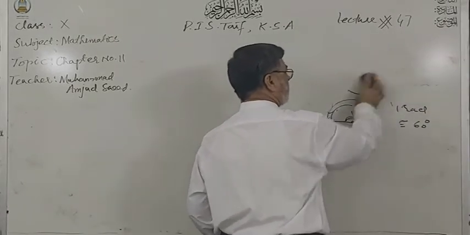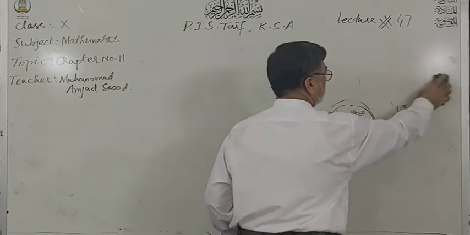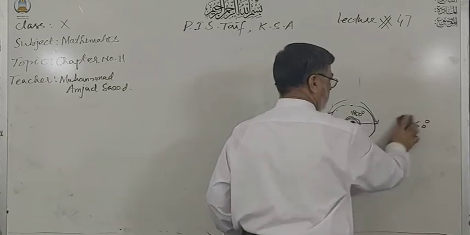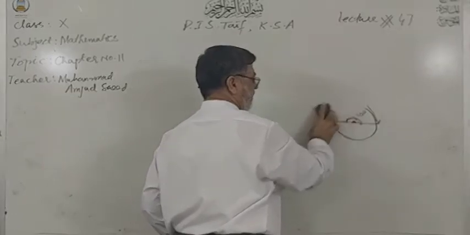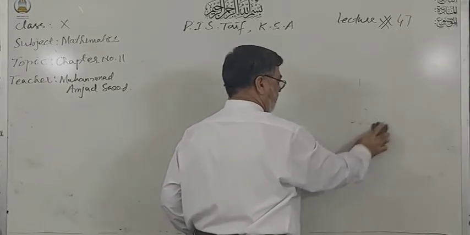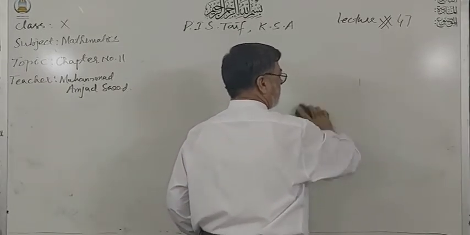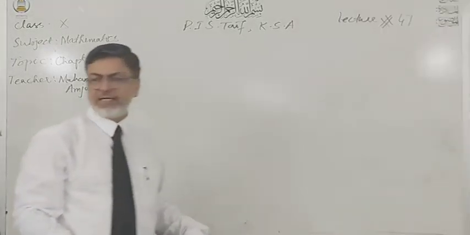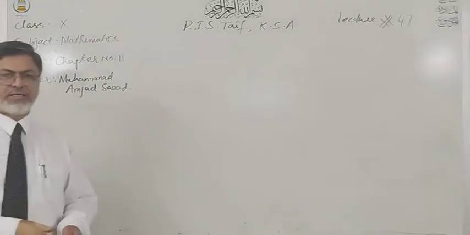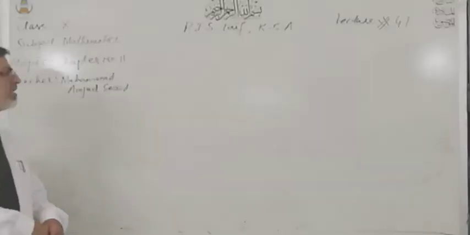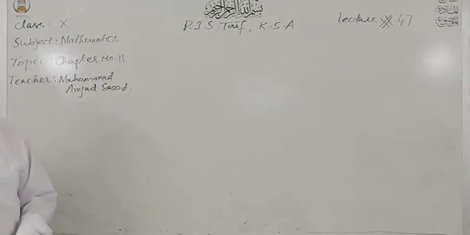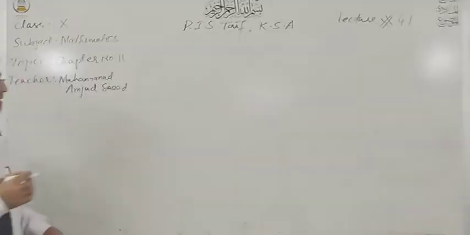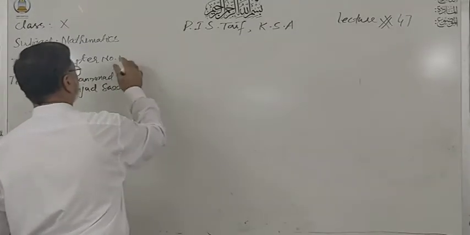Be careful about the MCQs. They are technical and conceptual in chapter number 11 and 12. So be careful about the definitions and the concepts of chord, segment, diameter, central angle, circumangle, etc. Here is chapter number 12.